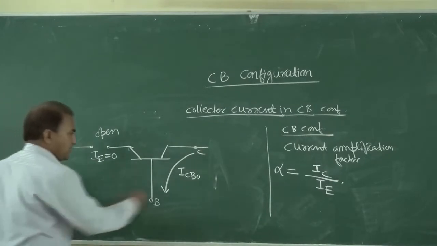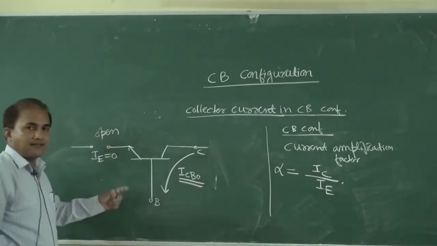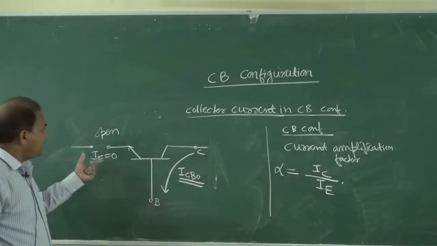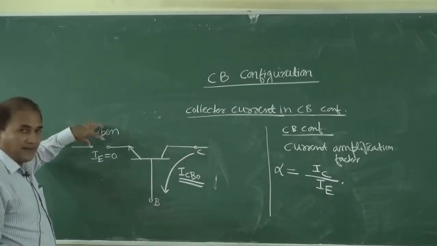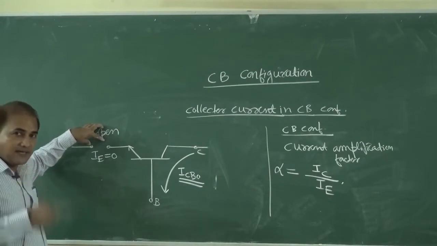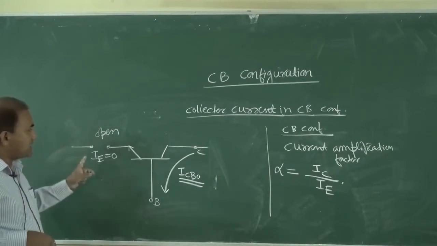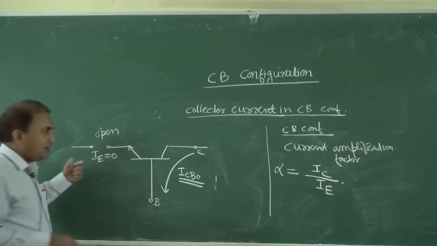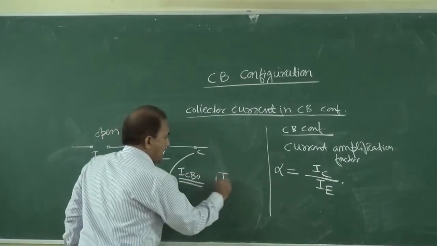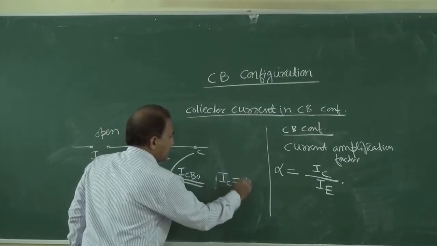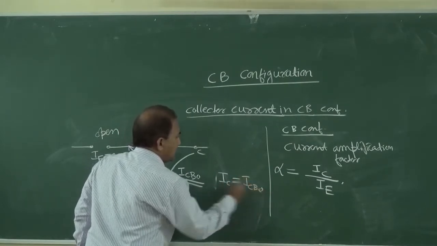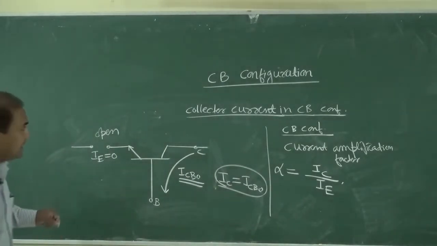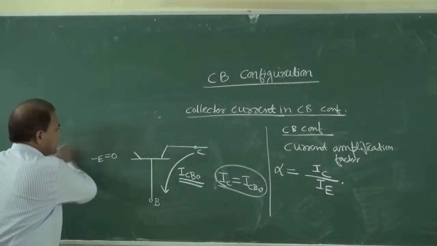So ICBO is the reverse leakage current between collector and base when the emitter terminal is open. If IE is equal to 0, then IC is equal to ICBO. So this is the reverse leakage current in case of common base configuration.